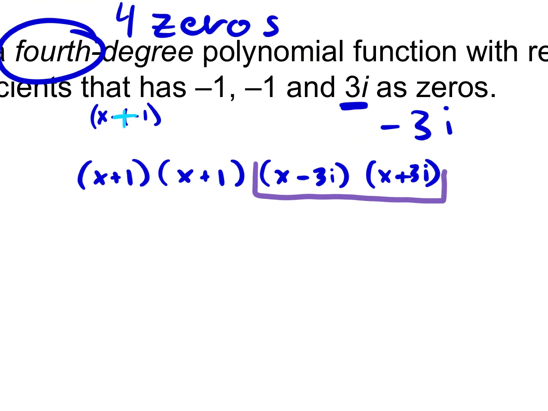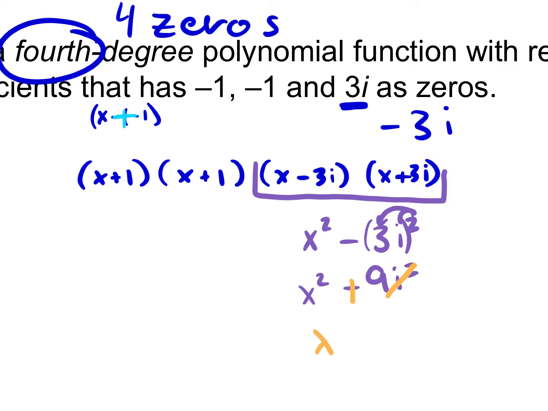So here, when I FOIL these out, or when I do my shortcut, I have x squared minus 3i squared. So I have to square the 3 and square the i. So it would be 9i squared. And what does i squared turn into? -1. So it's x squared plus 9.